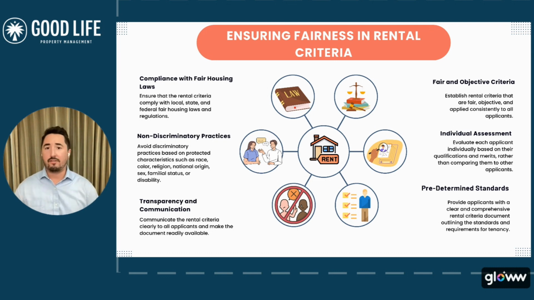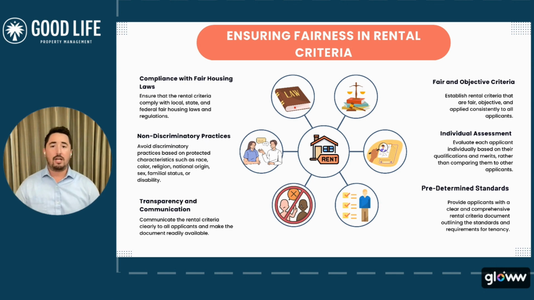That's going to make sure it's really fair for everybody if you're communicating the same way with each prospective tenant. Make sure the rental criteria is fair and objective, like we've touched on. When you're processing rental applications, it's very important that you process each one individually. Perform an individual assessment of the application you've received against the criteria that you've already established.